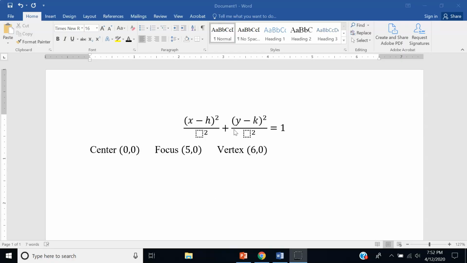All right, so the H and K is pretty straightforward in this situation because it already gives us the center. H and K are both 0.